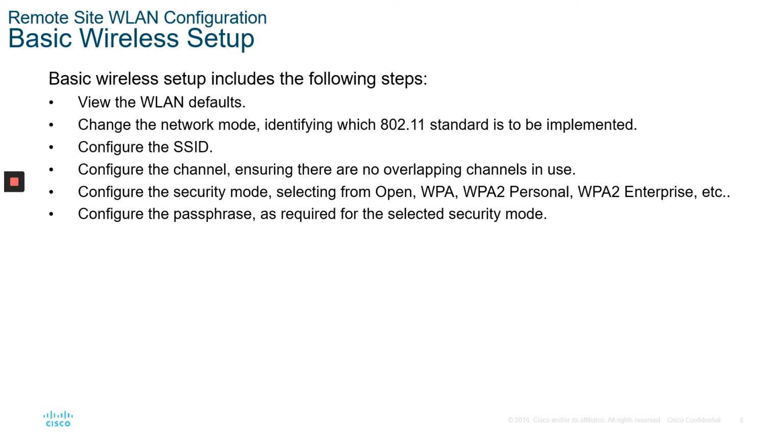You can have open, WPA, or WPA2 Personal. WPA2 Personal is the one recommended, as it is more secure than WPA or open. Then finally, configure the passphrase. This is the password required to connect to the wireless network, like a network key. So these are the six steps that you need to configure to set up the wireless network.